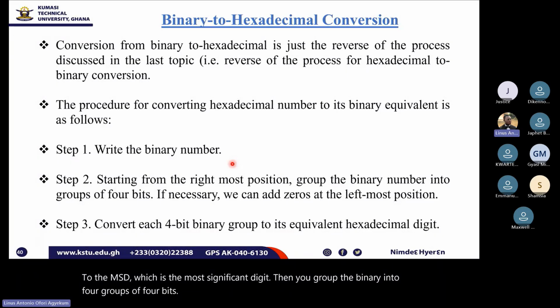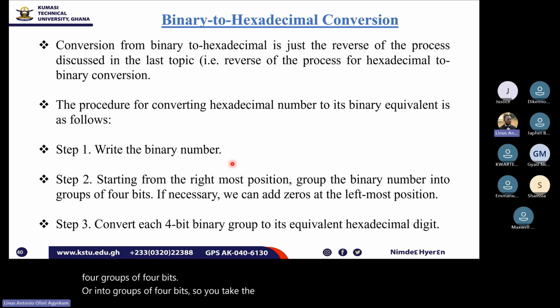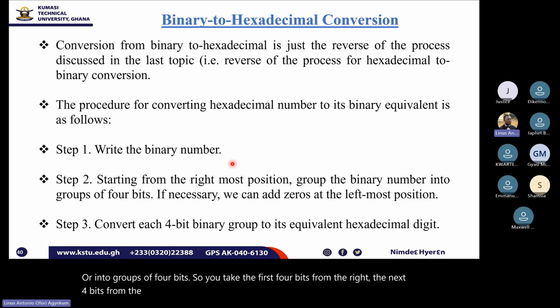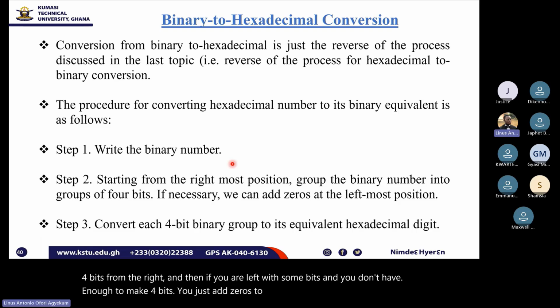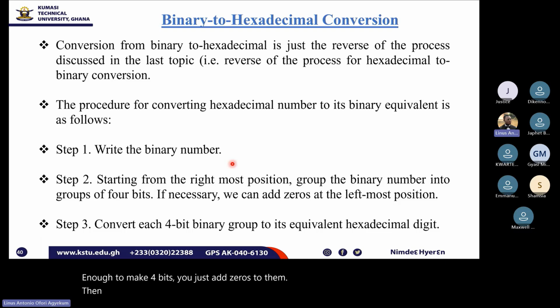You take the first 4 bits from the right, the next 4 bits from the right, and if you are left with some bits and you don't have enough to make 4 bits, you just add zeros to them. Then we convert each of those 4-bit groups into a hexadecimal equivalent.